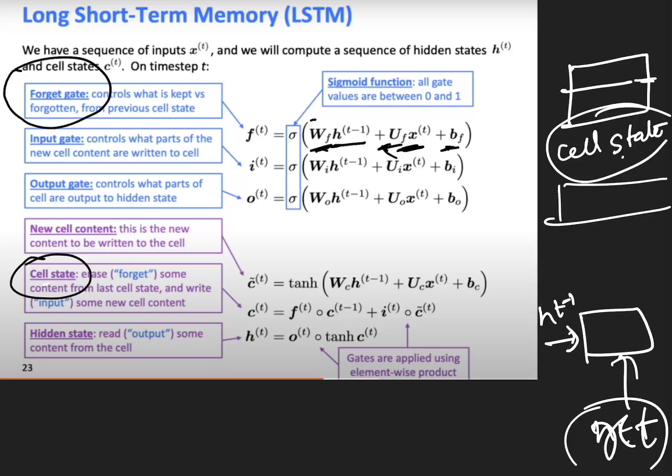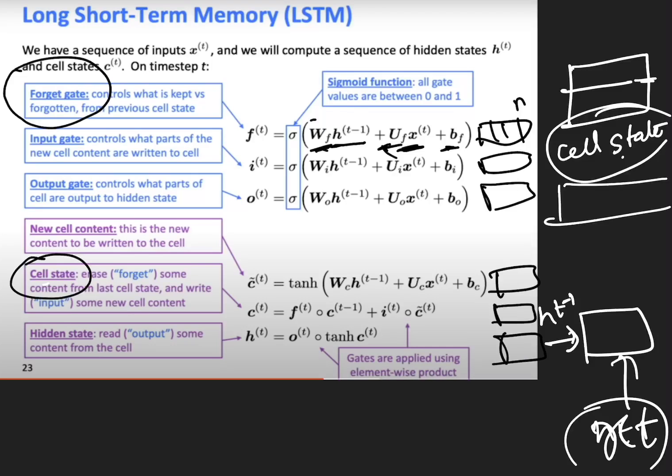Once it learns, it will be able to tell. So first of all, what we need to remember is all these six characters are basically vectors of a fixed size. Let's call this size n.